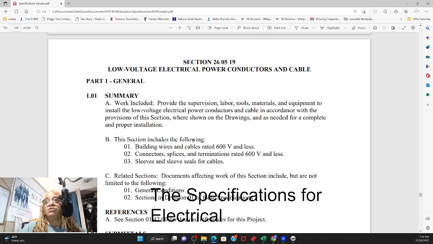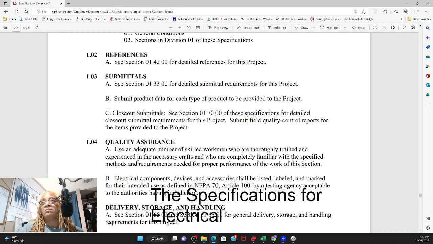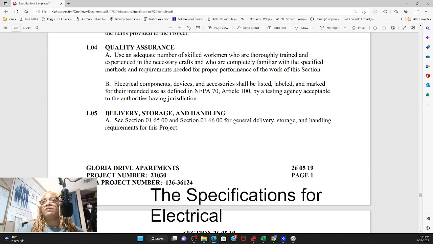This section includes the following: building wires and cables, connectors, related sections, documents affecting work, general conditions, and the 01 specs. So the 01 specs is where it's giving you details on your electrical submittals. Very, very important.